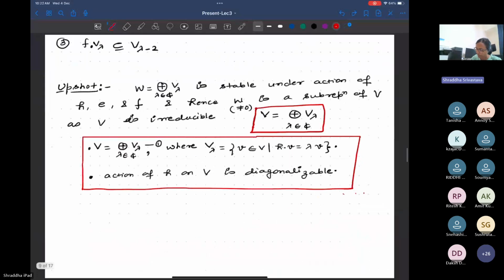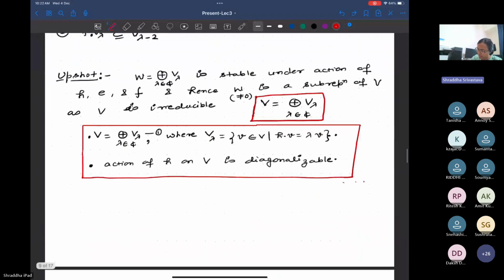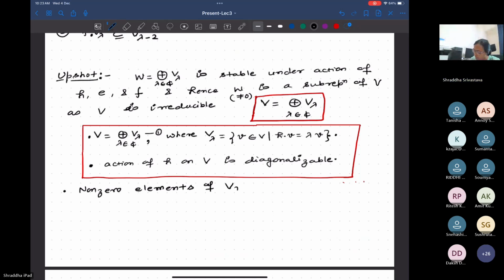Okay, so we have to give certain definitions now. This is a terminology. Non-zero elements of V lambda: if your V lambda is non-zero, then the non-zero elements of V lambda are called weight vectors.